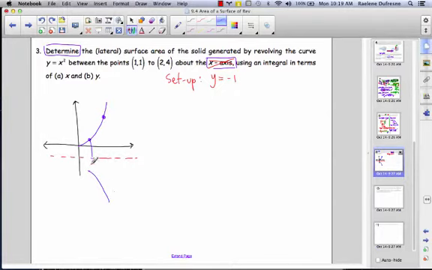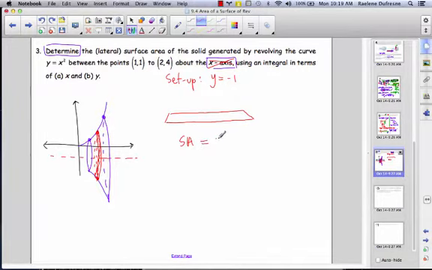And so we are going to get our solid of revolution, and we are going to imagine chopping it up to get some approximating bands of surface area. Okay, so we have our surface area band, which approximates a frustum of a cone. And we know that the frustum of a cone has a surface area of 2 pi r times the lateral side length, which in this case is delta s.